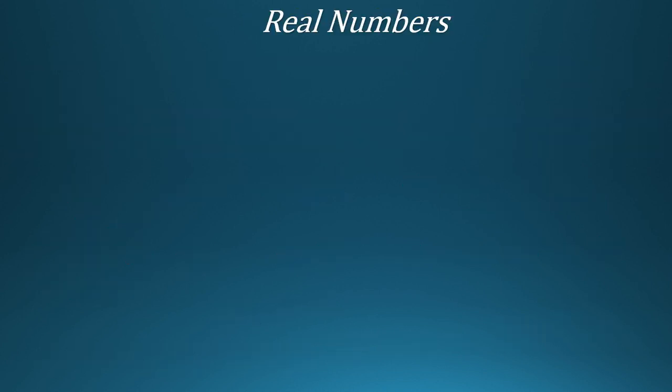For example, in our family the eldest person is the grandfather or grandmother. So you can take it as a real number. Real number is like the grandfather in our family.